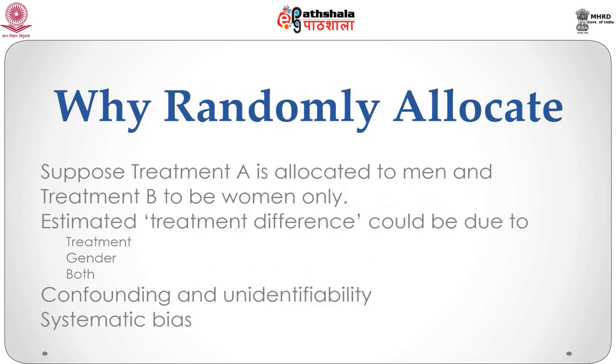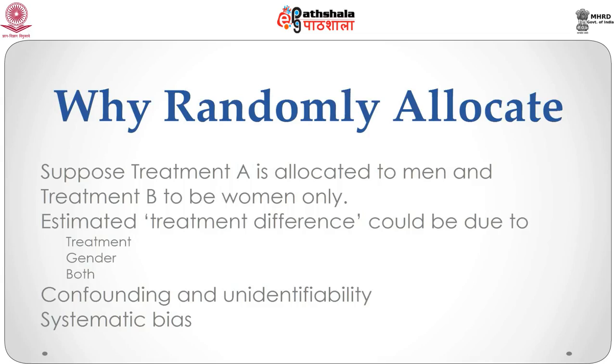We next come to the important case of why we should randomly allocate. So say we have a situation where treatments have not been randomly allocated, and there are two treatments A and B which we wish to compare to look at their efficacy. Suppose either by accident or by purpose, treatment A is allocated only to men and treatment B only to the women.